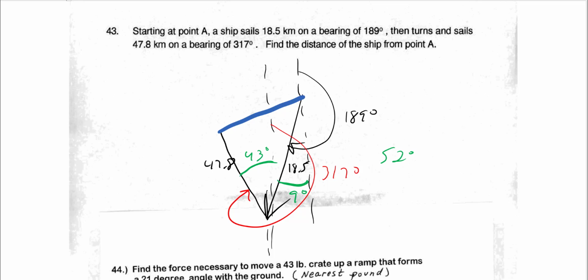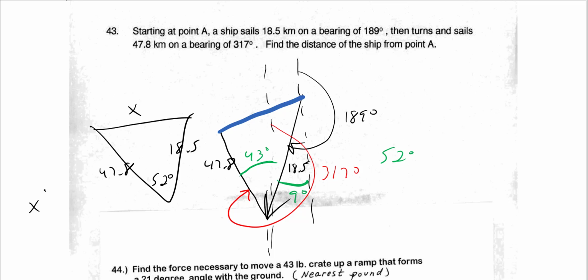Because when you draw the picture, it's 52 degrees, 47.8, 18.5, and then you're looking for x. So you're using law of cosines. It's easy.